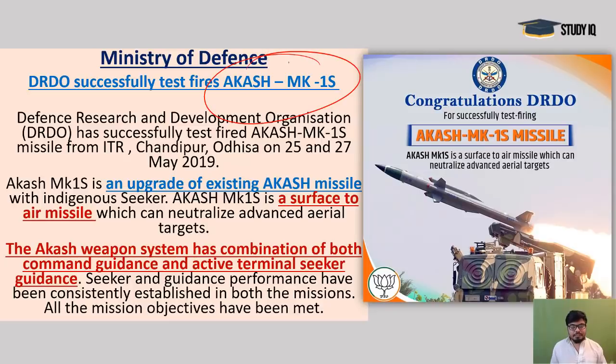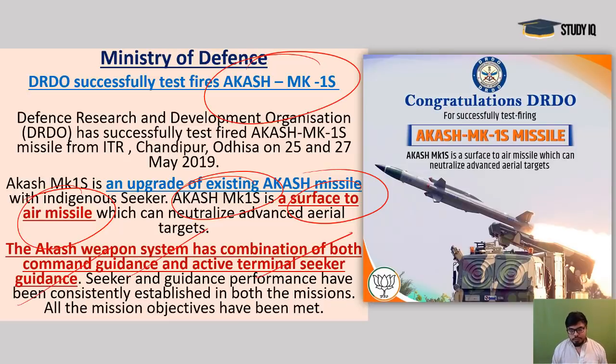Akash MK1S is an upgraded version of the Akash missile, which is a surface to air missile. It means we are targeting some aerial target, and this adds to its capacity the command guidance and active terminal seeker guidance.